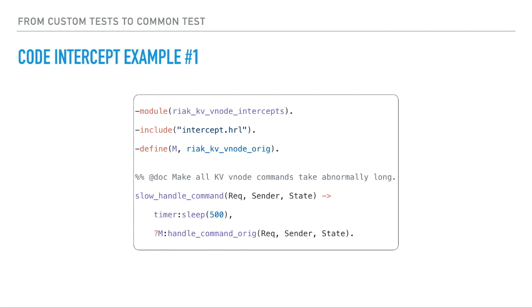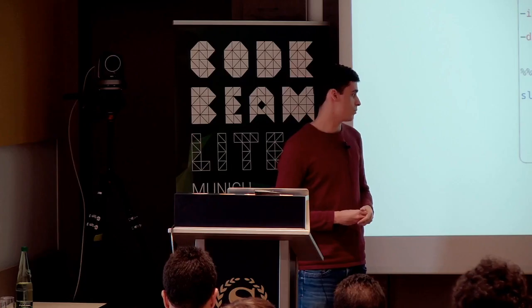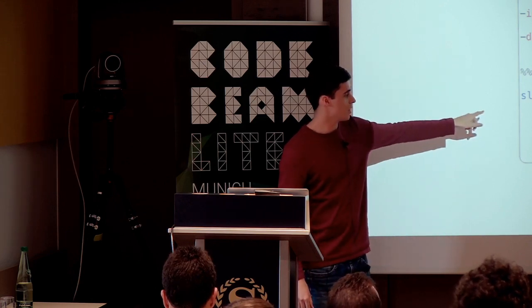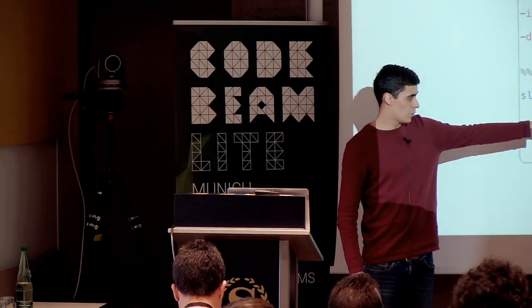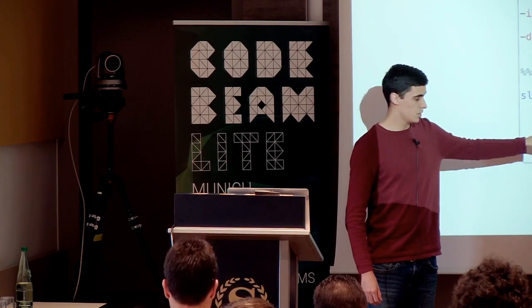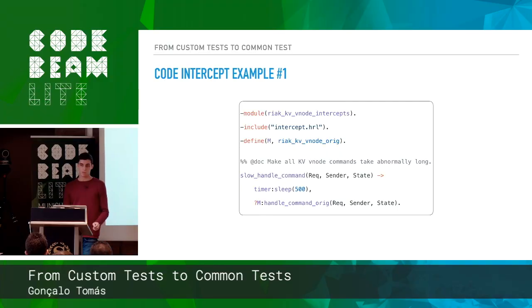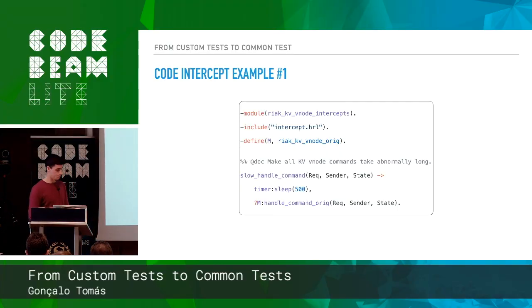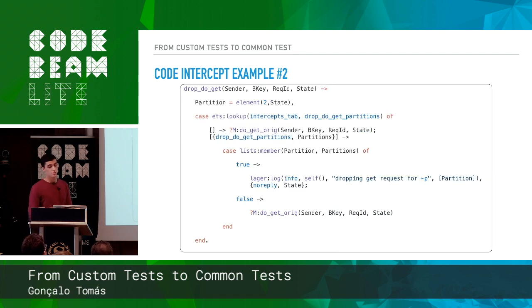Basically what we're doing here, like I hinted at before, is handling a request by sleeping for half a second and then actually calling the original request. Sometimes you might also want to drop requests. In this case, you can configure an ETS table to drop requests for certain partitions of Riak.